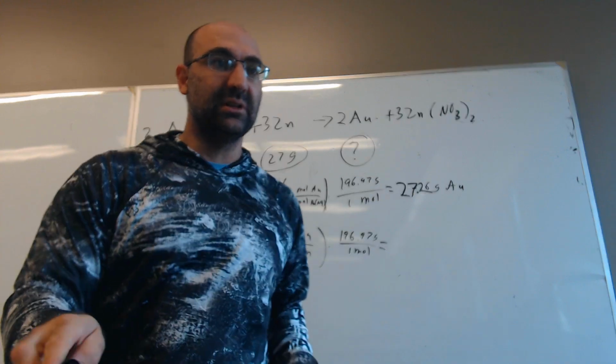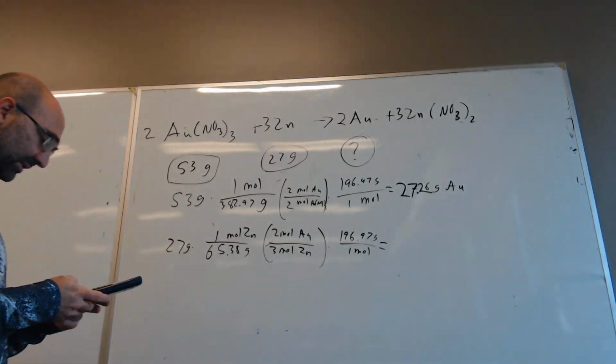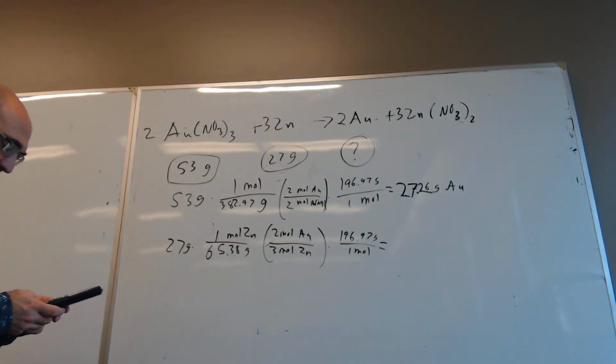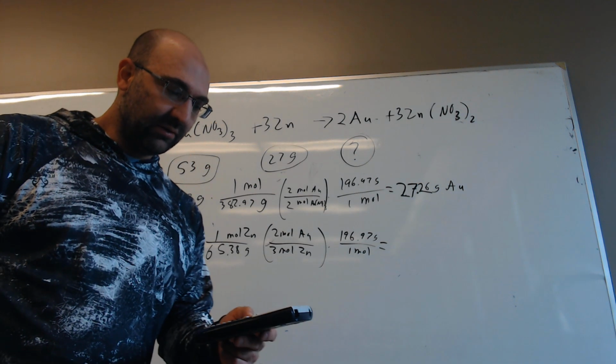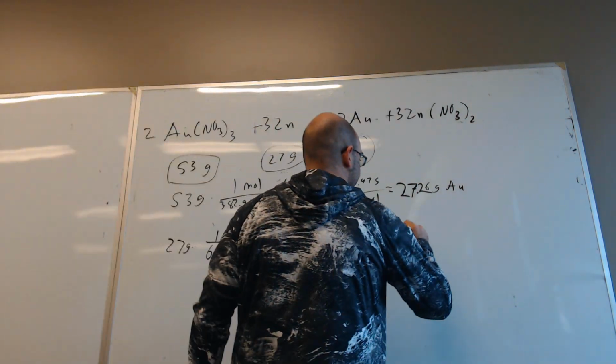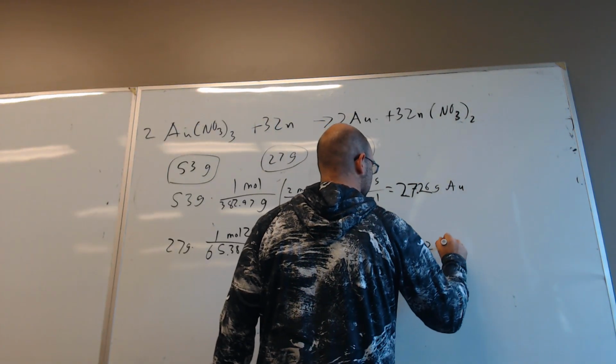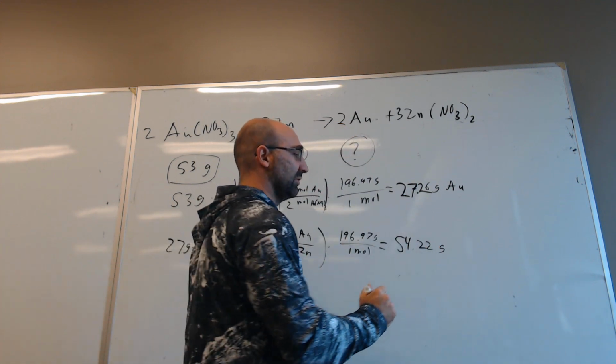And then the bottom one is going to be 27 divided by 65.38 times 2 divided by 3 times 196.97, which is going to give me 54.22. And this is grams of Au.